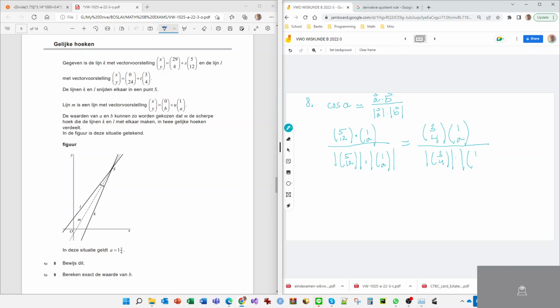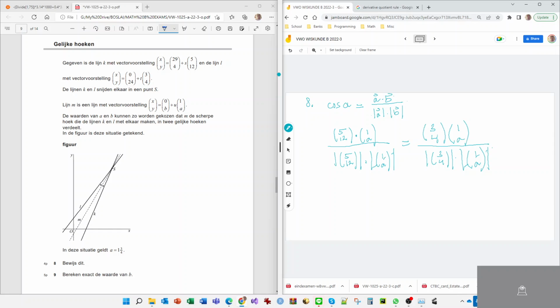Again, this norm is always non-zero, so actually this will drop here, which makes it a little bit easier.